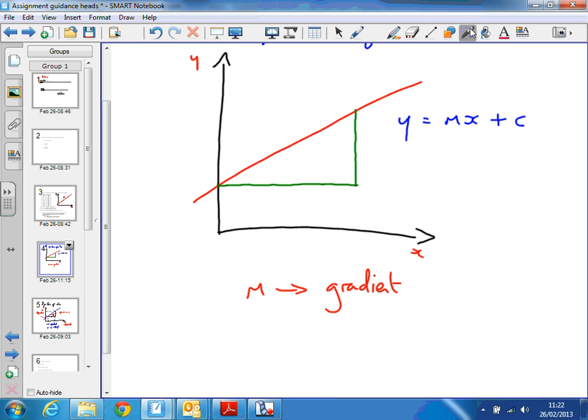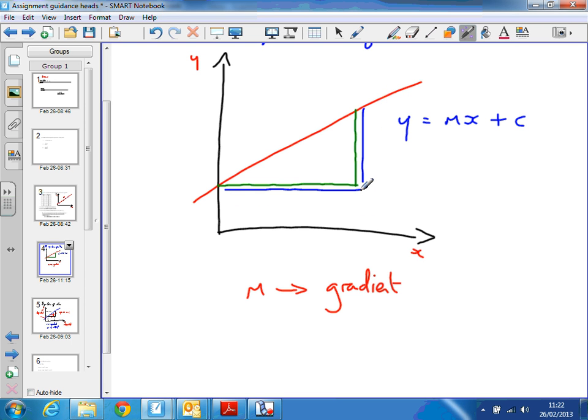We can draw the triangle wherever we like. We just take two convenient points and draw in a triangle. We could even go down here if we wanted to and draw one in like this. Any two convenient points, because the ratio of how far you go up to how far you go along is the same wherever you draw the triangle.